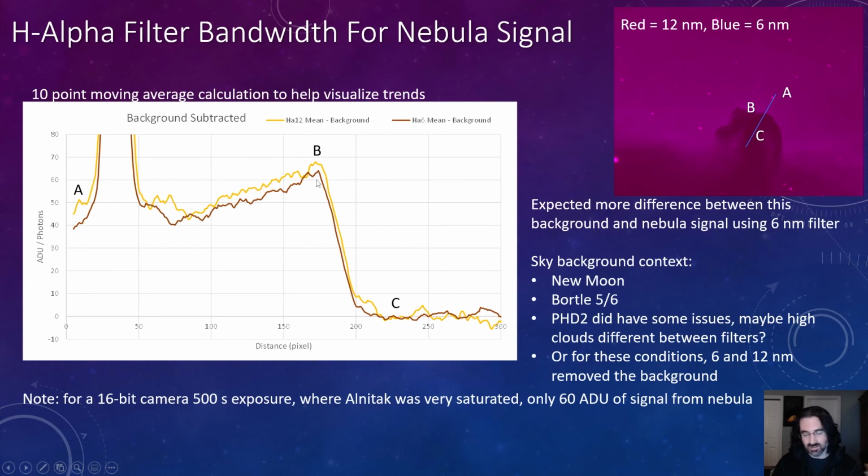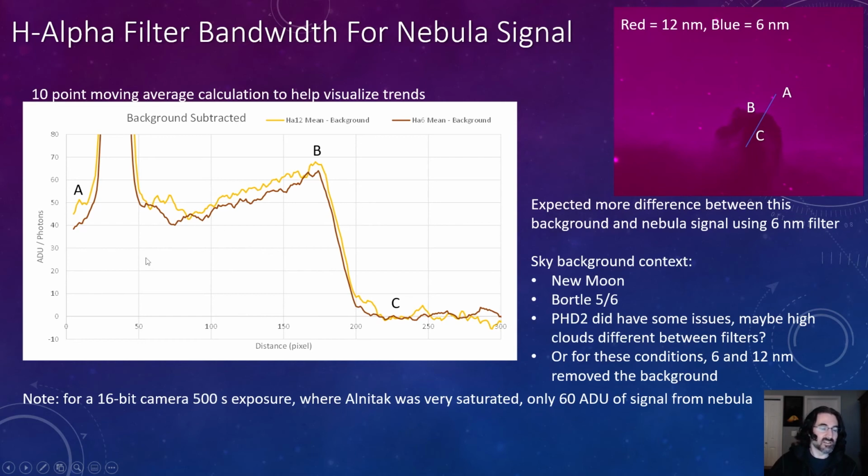Considering the fact that this is a full 16-bit camera, I used a 500-second exposure, and I was very much saturating the Alnitak star. But for all of that integration, with this F7 configuration for the SCT, that only collects about 60 ADU of signal around the Horsehead.